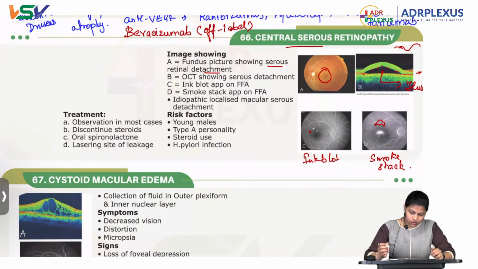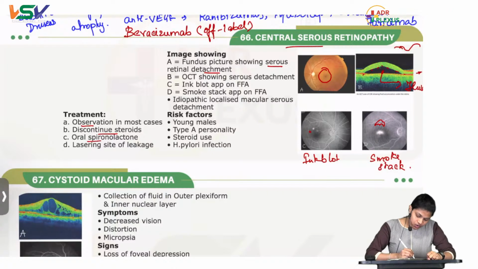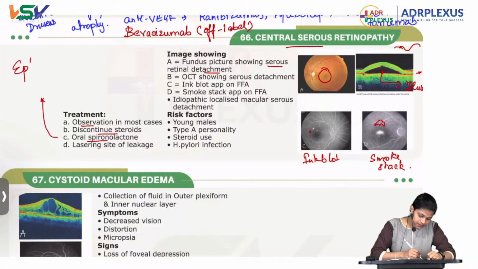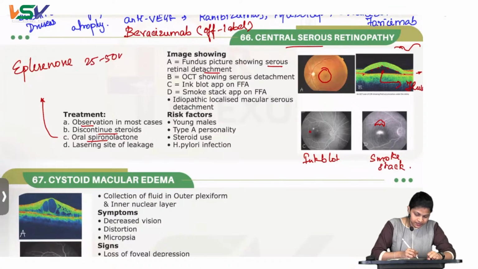So what do you do for the treatment? Observation. Mostly it will settle, and if the patient is using steroids, you have to discontinue them. Oral spironolactone is given as medical treatment, but due to side effects, nowadays we use eplerenone, 25 to 50 mg OD.